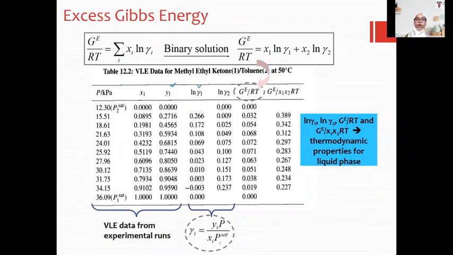When you divide it by the composition, you can have another set of data. These data, which are the log gamma for both components, the excess Gibbs energy over RT, and the latest data, are the thermodynamic properties for the liquid phase.